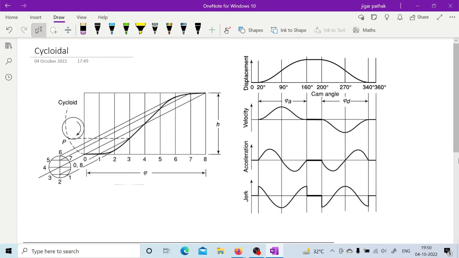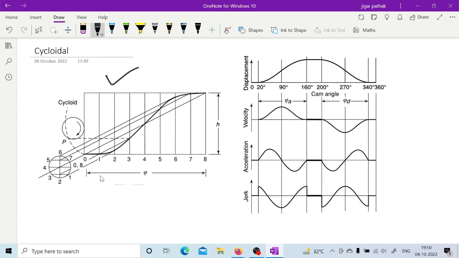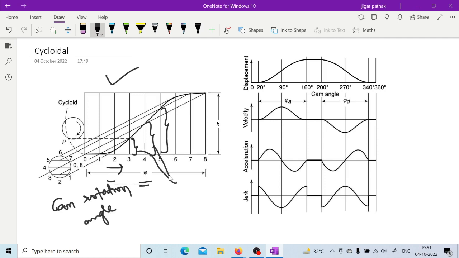In case of cycloidal motion, this particular plot is again going to be useful when you plot the cam profile, because at different angles of rotation of the cam, you will have different follower travel at different points. As in the previous examples, here is the cam rotation angle, and at different cam rotation angles, these are the follower travels.